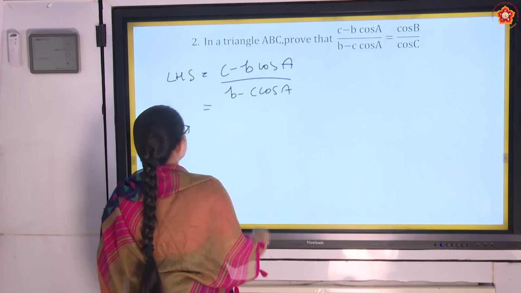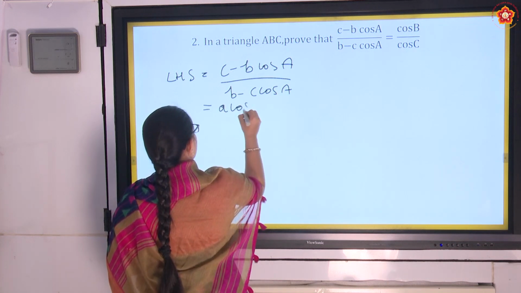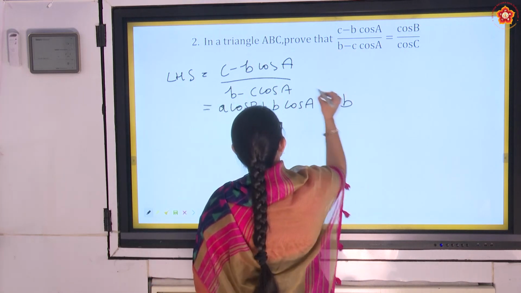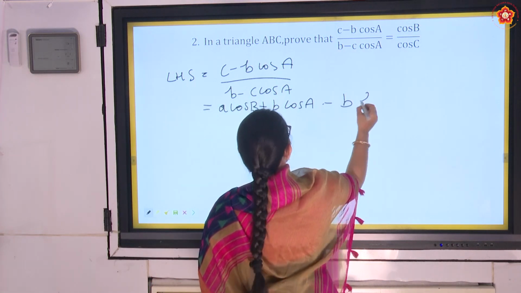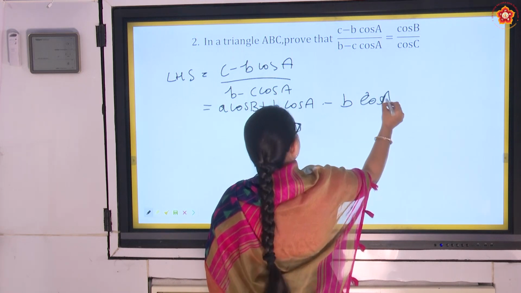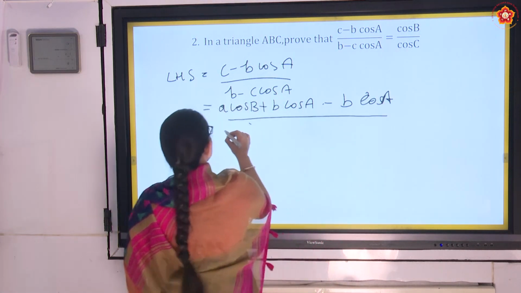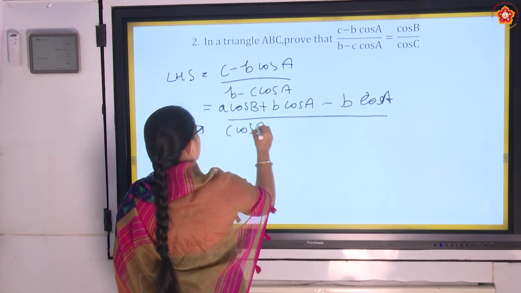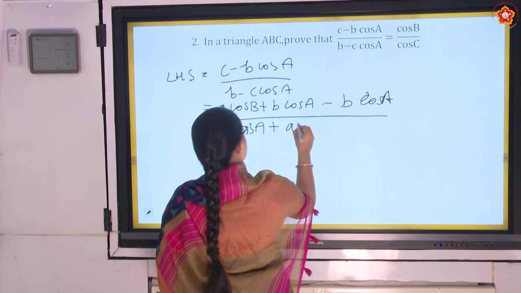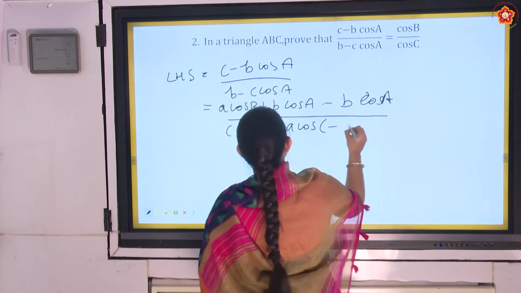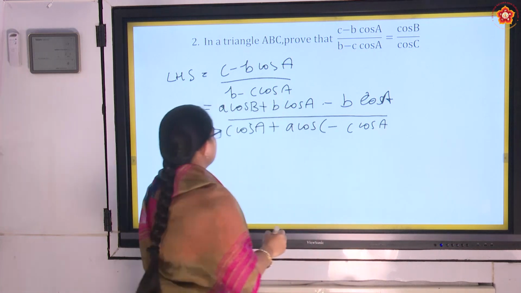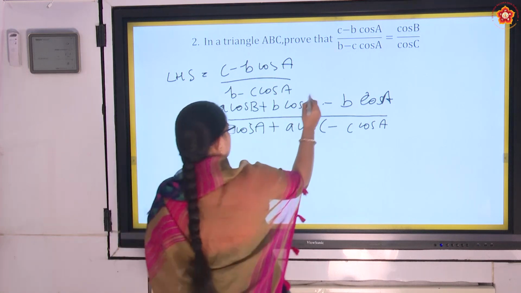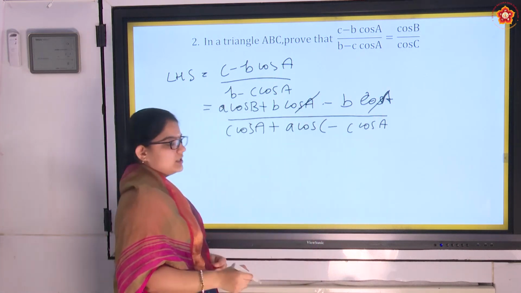What is the projection formula for c? That is a cos B plus b cos A, minus b cos A, divided by, here b is the projection formula, that is c cos A plus a cos C, minus c cos A. Now a cos B plus b cos A minus b cos A, so plus b cos A minus b cos A is 0.